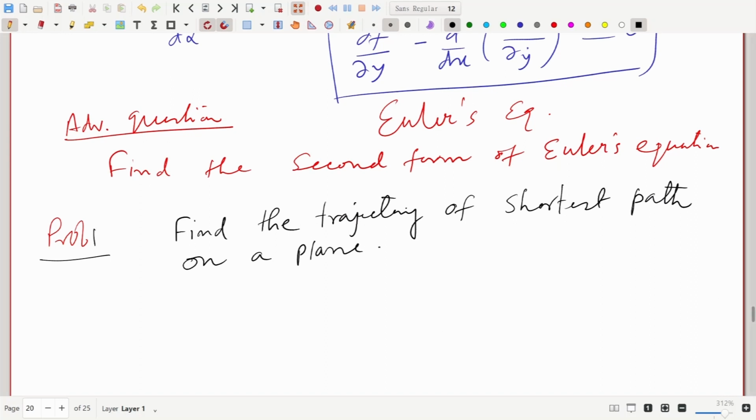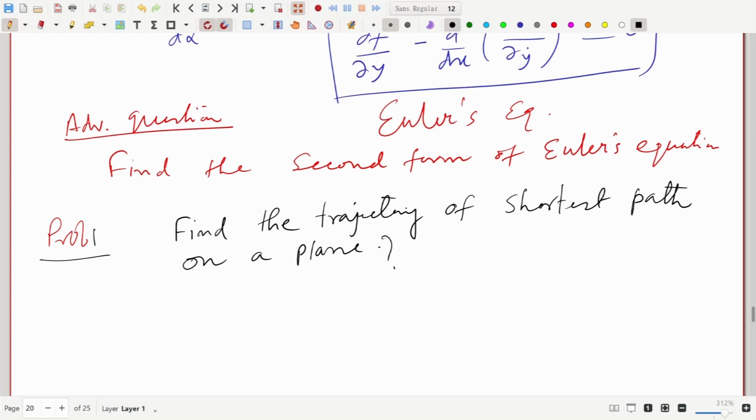Let me explain that. Suppose you are going from one point to another point in a plane, which will be the shortest path? What will be the equation of motion for the shortest path? This is also a problem of extremization, that you have to calculate the distance between these two points and then extremize it, to find for which path the distance will be minimum.